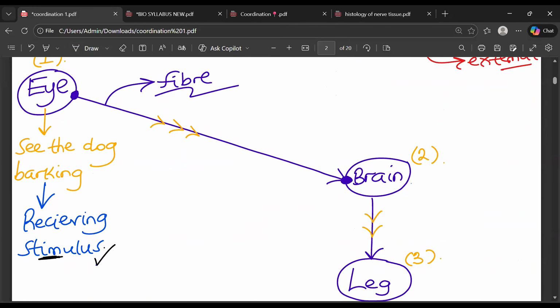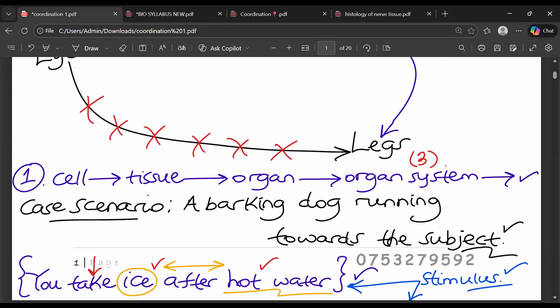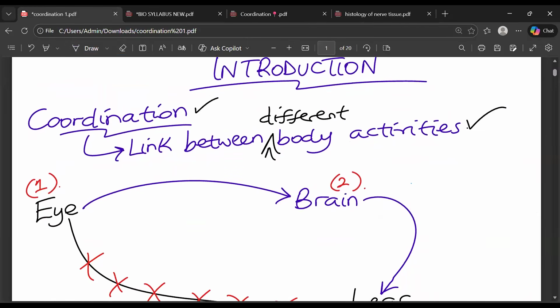Is it a tissue? Is it the organ? Is it a system? What is it exactly? But I think I'll bring that at the right time.